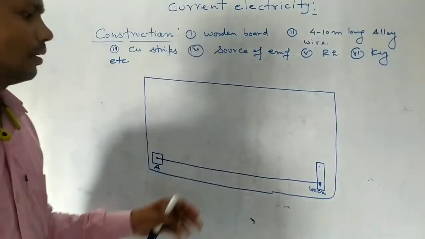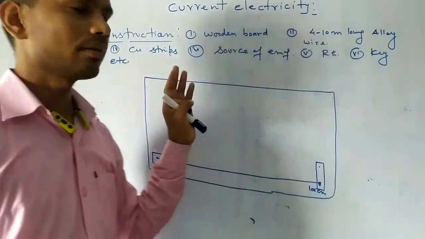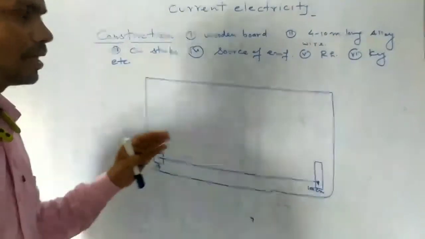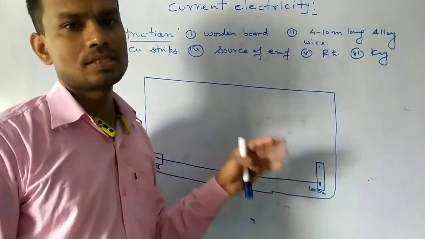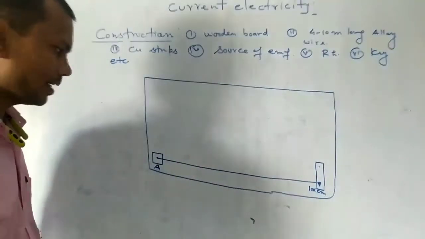So what we have written: 4 to 10 meter long alloy wire, manganese or constantan wire, is required for making the potentiometer. If you increase the length of the wire, the sensitivity of the potentiometer increases, right?